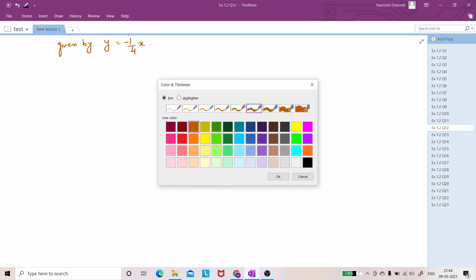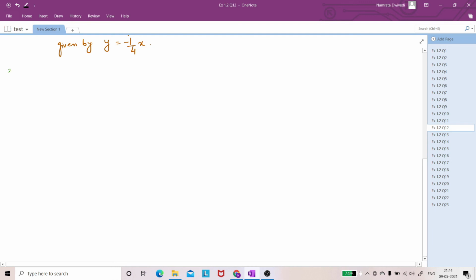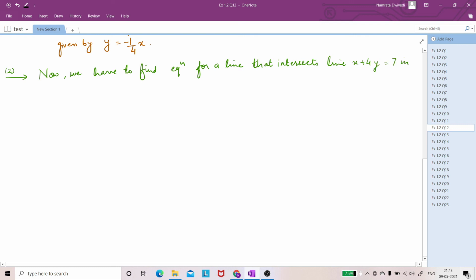Now for the second part. What we have to find is the equation for a line that intersects the line x plus 4y equals 7 at 3 comma 1.